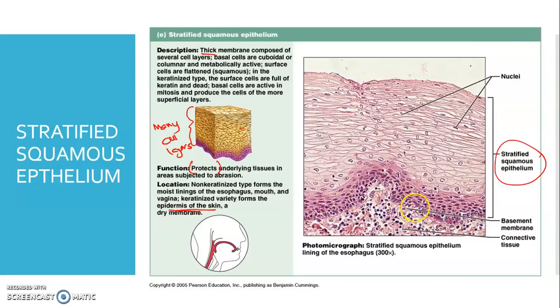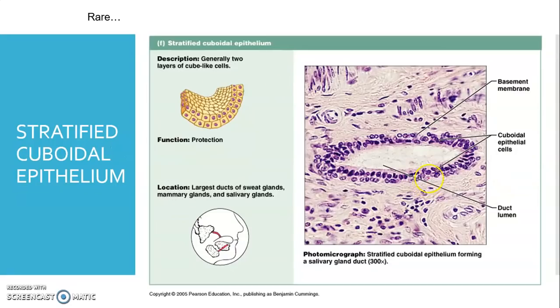Upper side from the basement membrane, there are a lot of actively dividing squamous epithelium cells in order to replace the old cells with new cells.